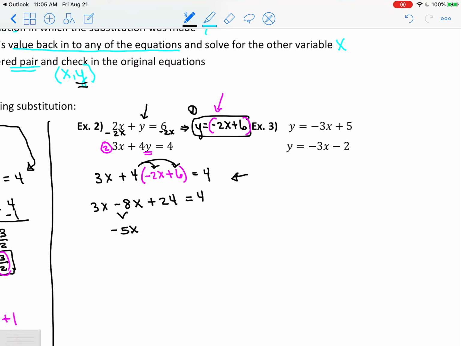Negative 5x, subtract our 24 from both sides. So negative 5x is equal to negative 20. And after dividing by our negative 5, we can see that x is equal to 4.